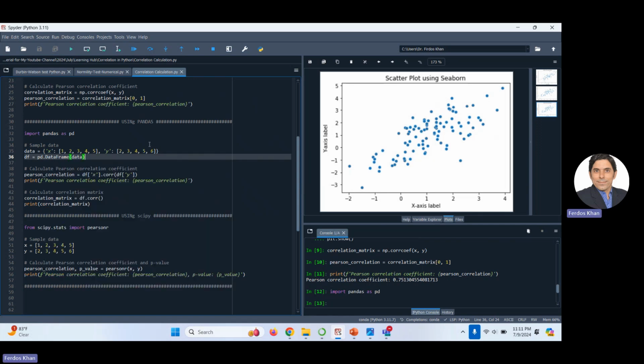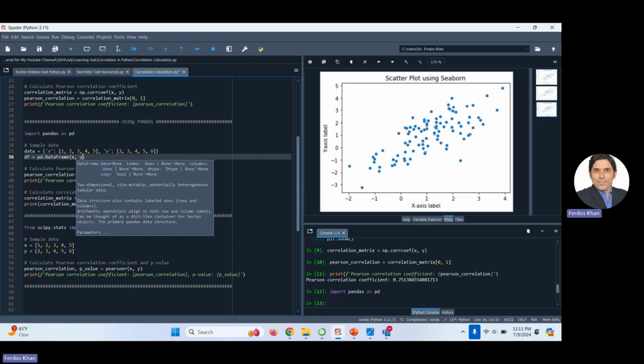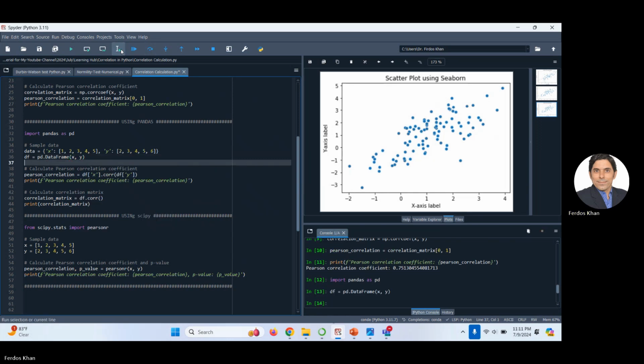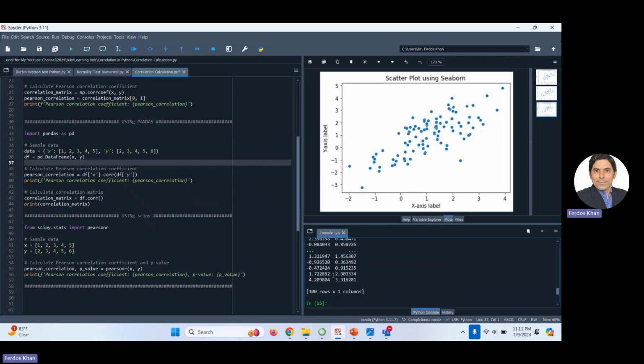But you need to combine x and y first like this. Let's try another way. It's not working, then we will do it the other way. Okay, so now show df. It looks like this.